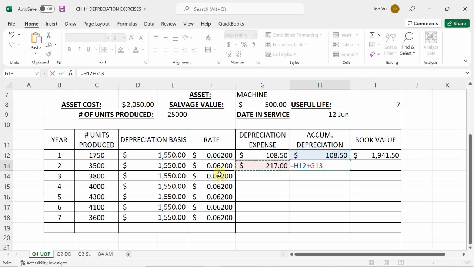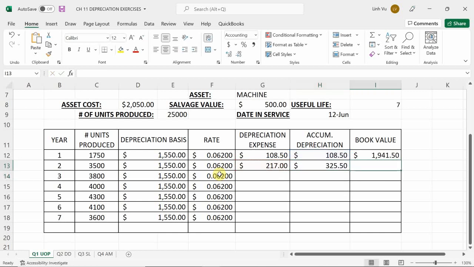I can't do it because I need to go from here. 217.00 add 108.50. I got 325.5. Okay.